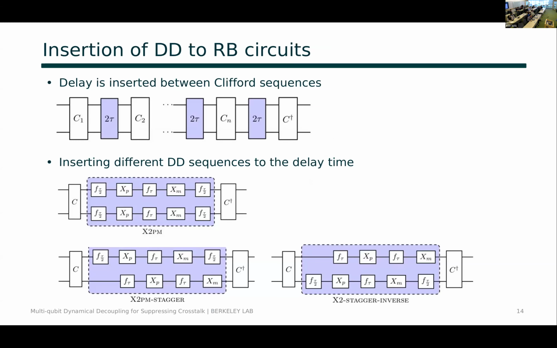So here we can see we have this RB circuit with several Clifford sequences, and between each Clifford sequence, we insert the delay, and then during the delay, we insert the different DD sequences. You can see we have the standard X2PM, the staggered X2PM by changing the location of the X gate, and then we switch them. We have this inverse of the staggered DD.